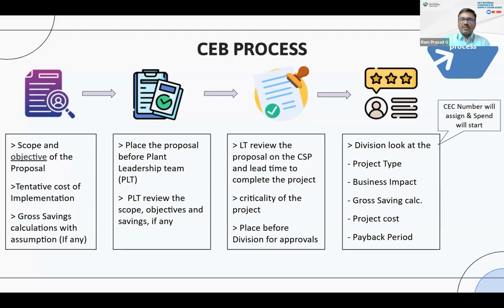So most organizations follow a CEC number concept. A particular project will have a dedicated CEC number. So the spends, capitalization, everything is tracked against that CEC number. This is the first step, which is planning and submission of the capex budget.